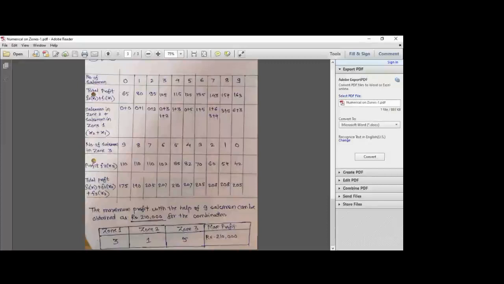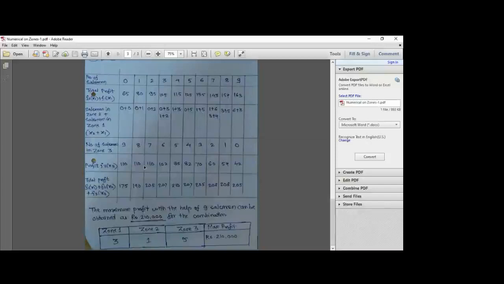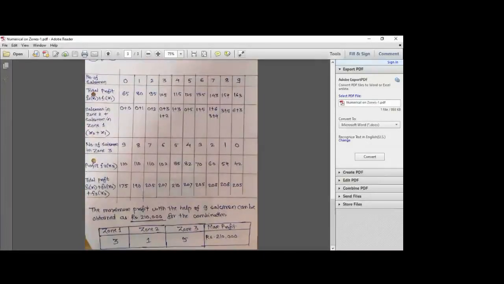175. Similarly, the profit here will be 110 plus 80, which is 190. Here it will be 110 plus 95, hence it is 205. Next it is 102 plus 105, hence it is 207. Here it is 95 plus 115, which comes out to be 210.